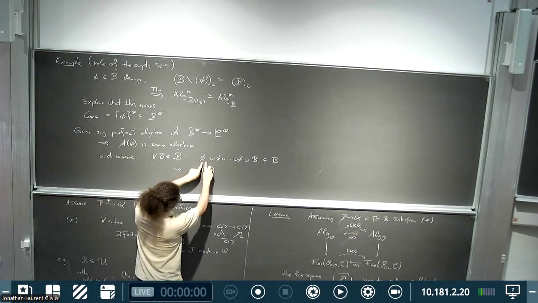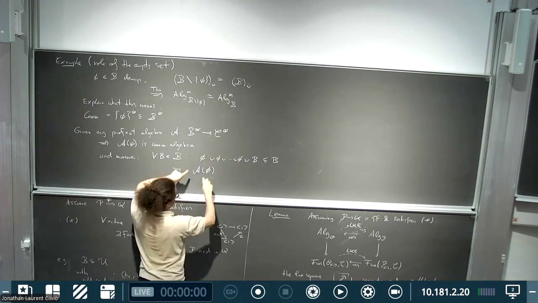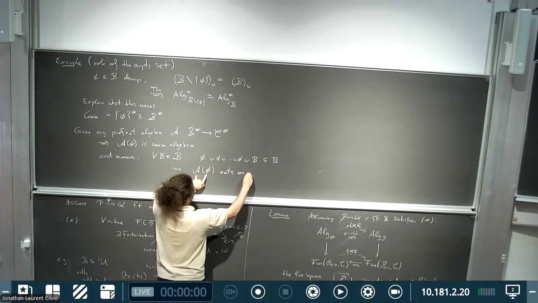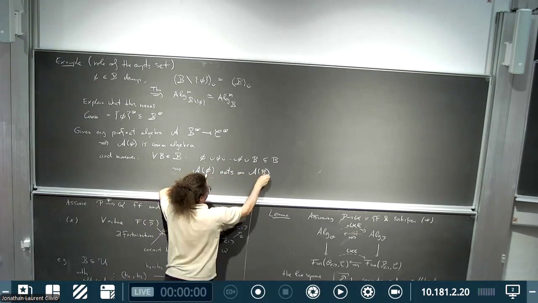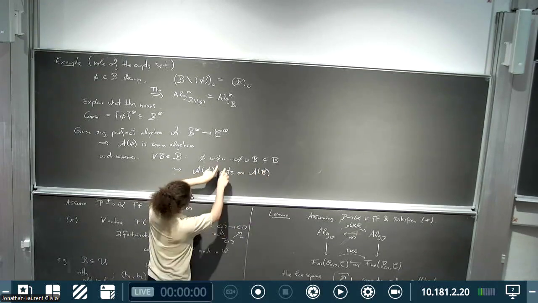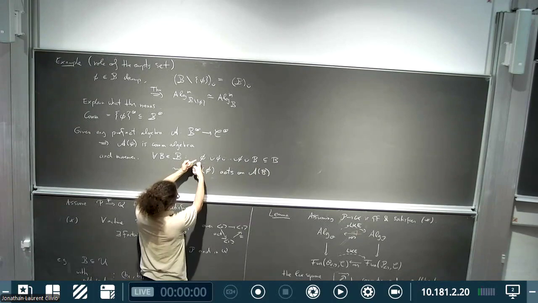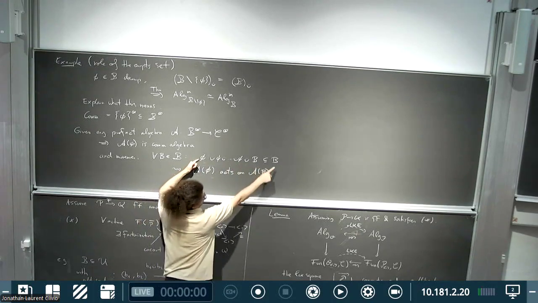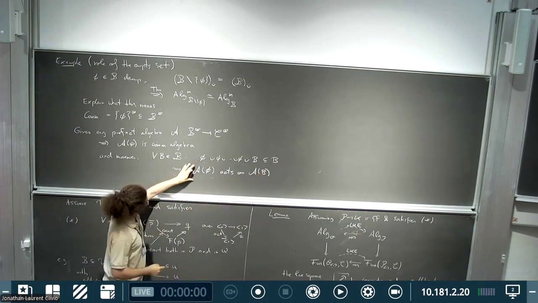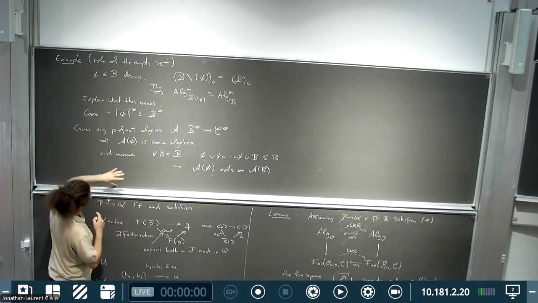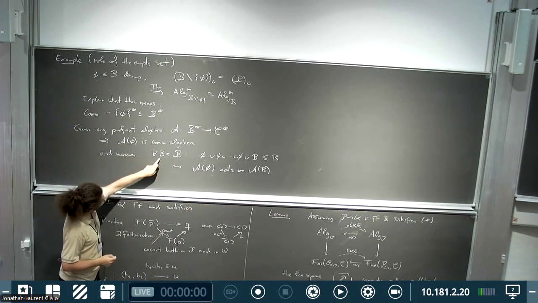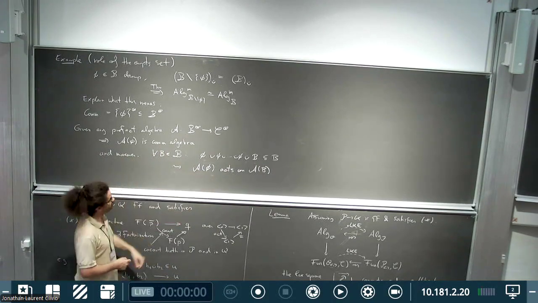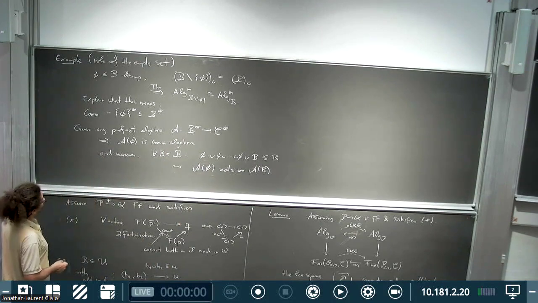And here, of course, I wrote them in this order, but there's no real order here. So this commutative algebra acts on A of B, where the map from this inclusion is the action map. We have A of empty tensor A of B maps to A of B, and that's the action map. And so you see that every value of the factorization algebra is a module for this commutative algebra.